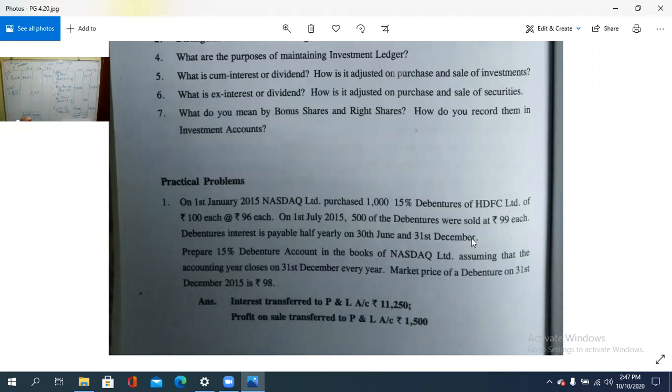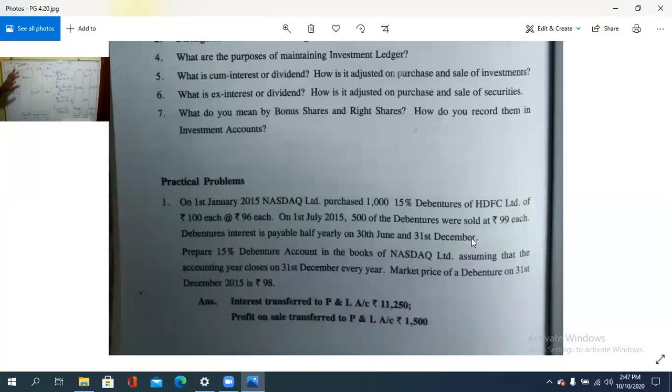Interest transferred to P&L account is 11,250, and here how much? 48,000 plus 49,500, 97,500. So how much is the profit transferred? Against 96,000, it is 1,500. So see, 97,500.